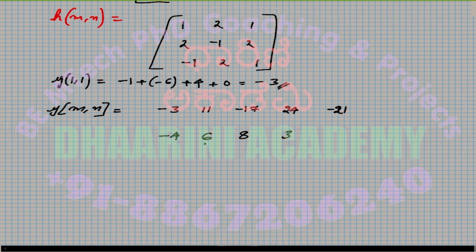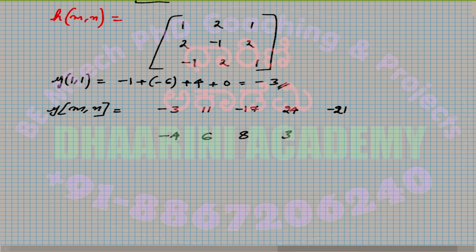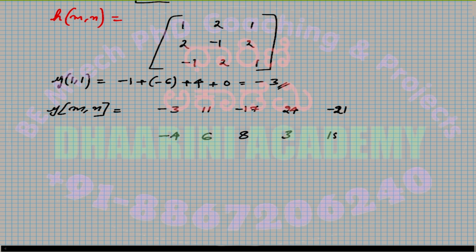Okay, y of 2 comma 5, y of 2 comma 5 is 15. All right, 10, 1, 11.